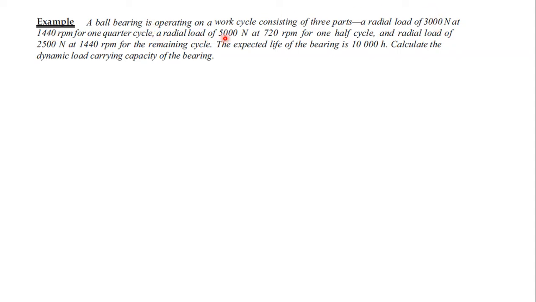Second element, a radial load of 5000 Newton at 720 rpm for 1/2 of the cycle. So for half of the cycle this is the condition. And third element, radial load of 2500 Newton at 1440 rpm again for the remaining cycle.